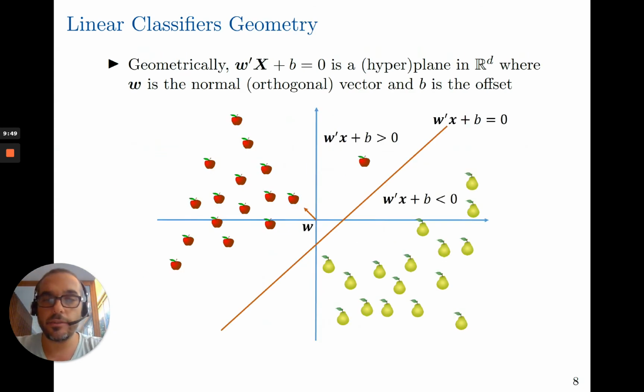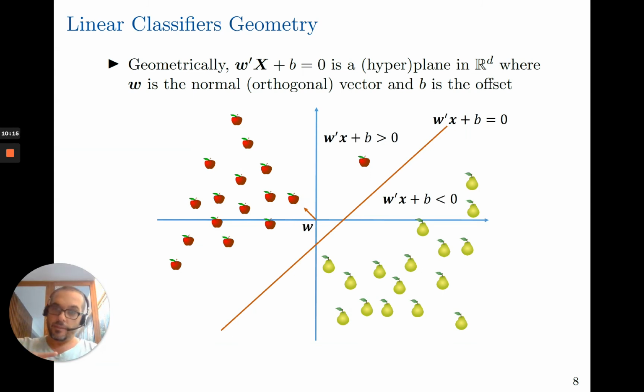This is the two-dimensional case. It's clear that here we have the apples and the pears linearly separable. So we have this hyperplane, which in this case is a line, this orange line defined by the equation w prime x plus b equals 0.